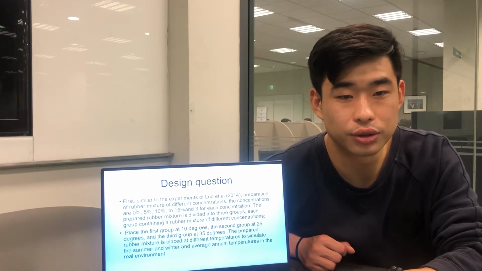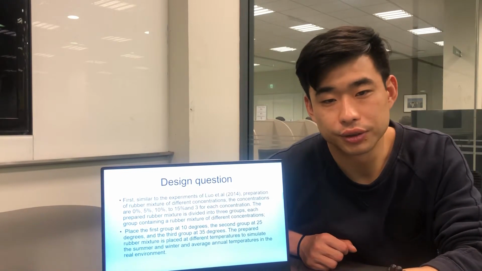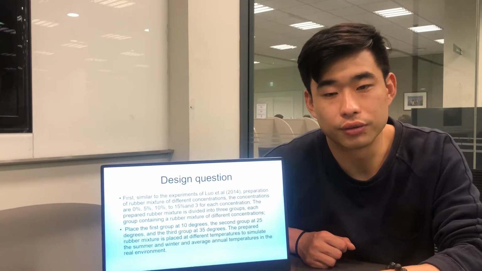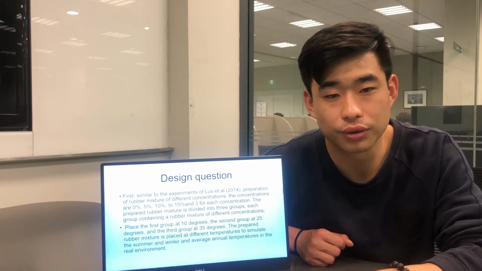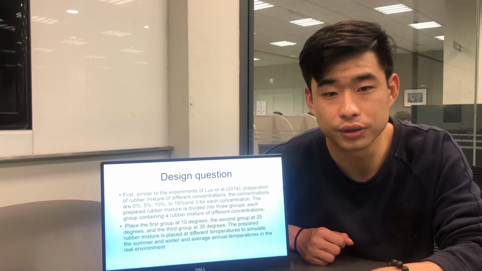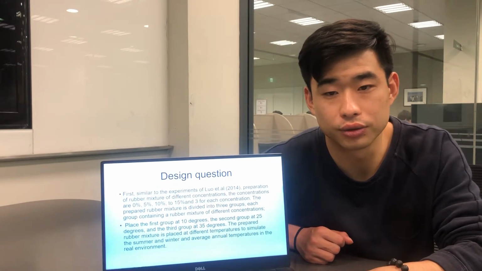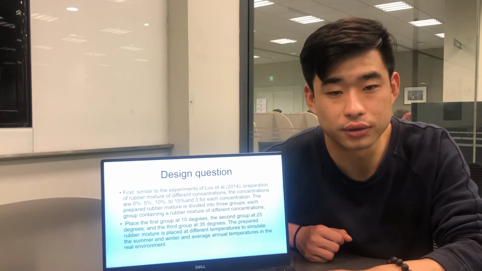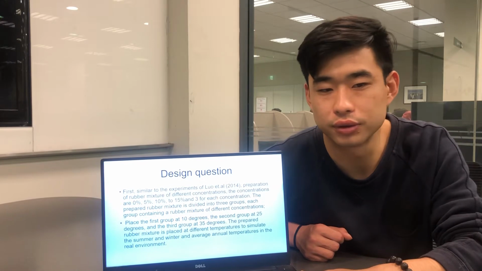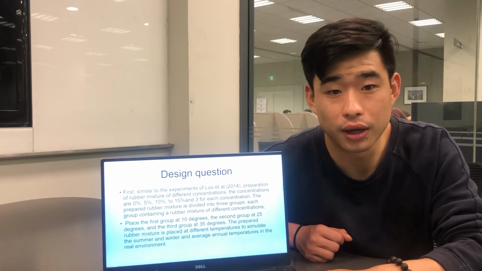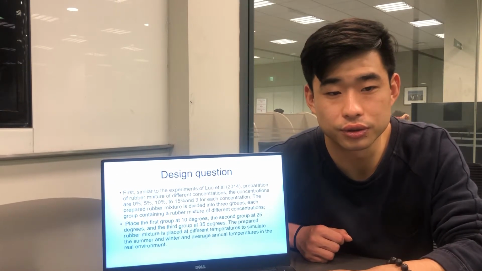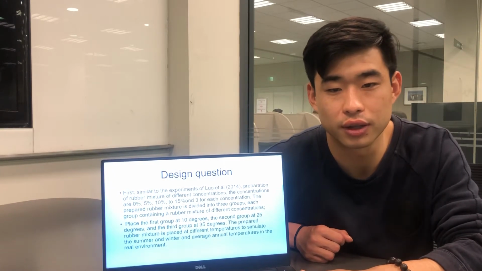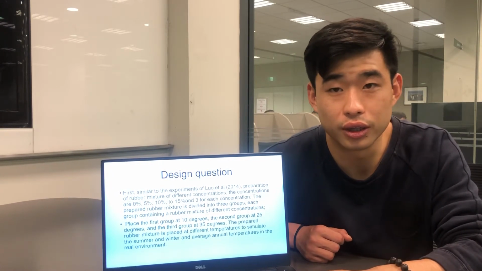Each group contains the rubber mixture of the different configuration. First, the first group at 10 degrees, the second group at 25 degrees, and the third group at 35 degrees. The perfect rubber mixture is paired at a different temperature to simulate the summer and winter at a range of years temperature in the real environment.